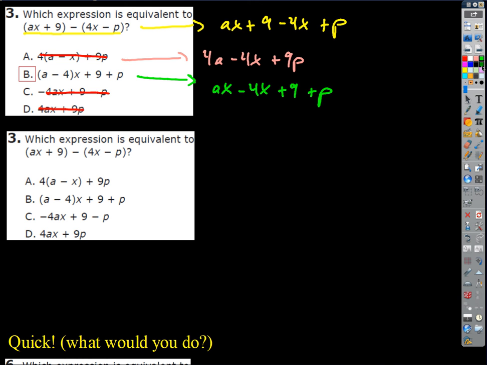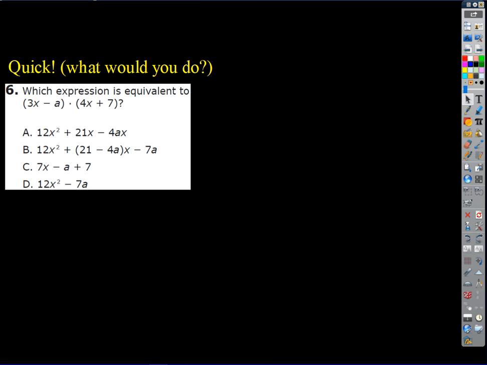The other way we could do it, I'm not going to go through the whole thing, is, what if we just said, I've got a's and x's in there, right? If I've got a's and x's and I'm just trying to find equivalent expressions, let's just let a equal 2, x equal 3, and see what number I get, and then whichever one gives me the same number is the answer, right? Same problem, isn't it?